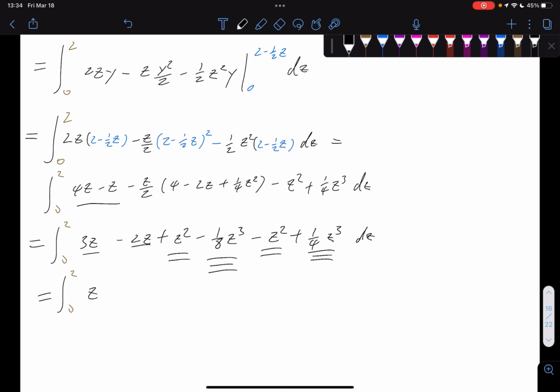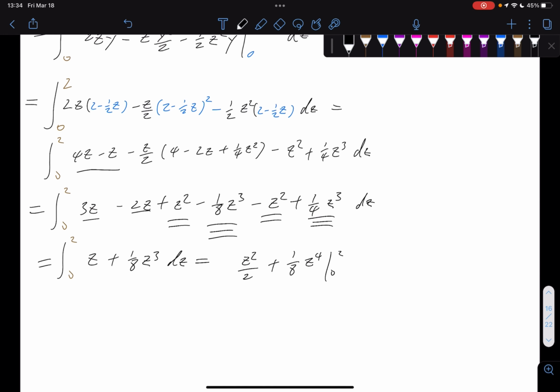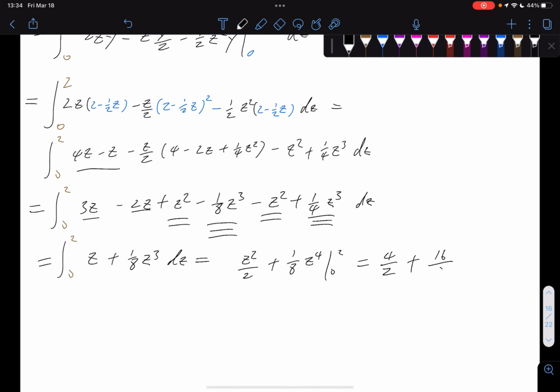So that's 1/4, 1/8 z cubed dz, which equals z squared over 2 plus 1/8 z to the fourth, from 0 to 2. That's just 4/2 plus 16/8.